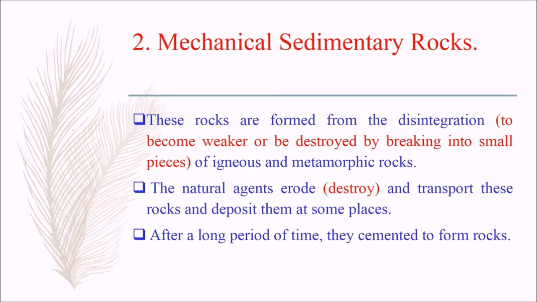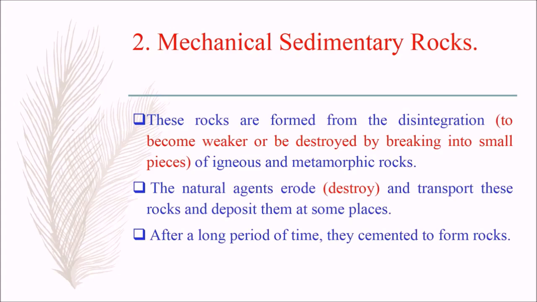The second one is mechanical sedimentary rocks. These rocks are formed from the disintegration of igneous and metamorphic rocks. Disintegration means to become weaker or be destroyed by breaking into small pieces.